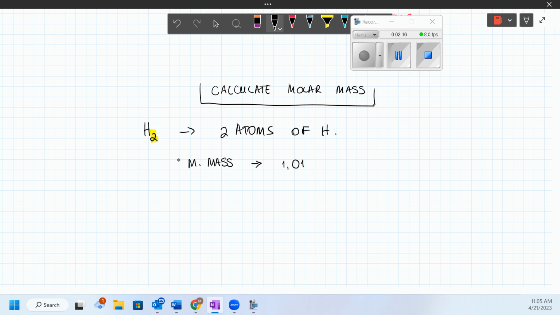Okay, those are the units, grams per mole. And multiply that by the number of atoms that I have in the compound. When I multiply those two together, I have 2.02 grams per mole.